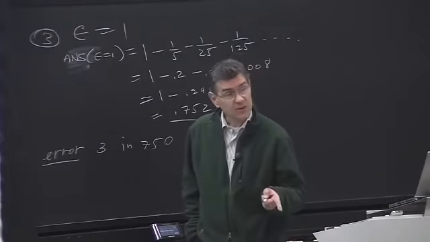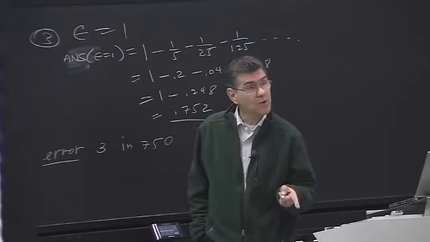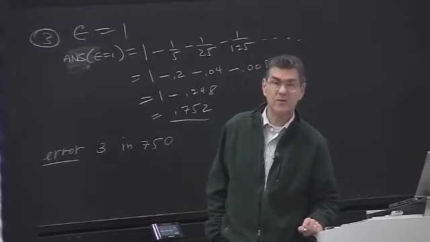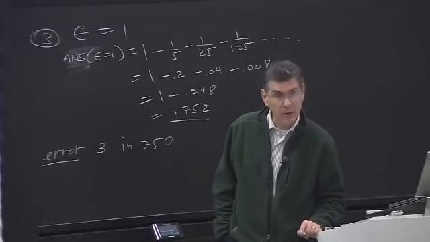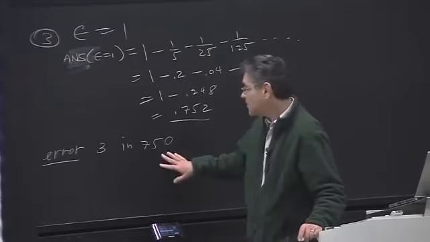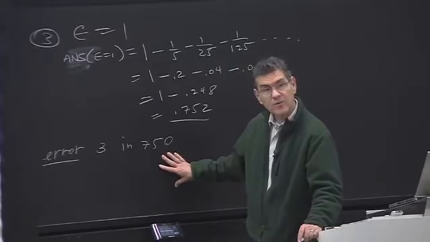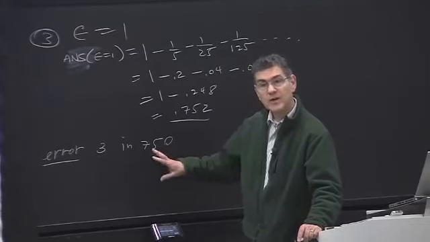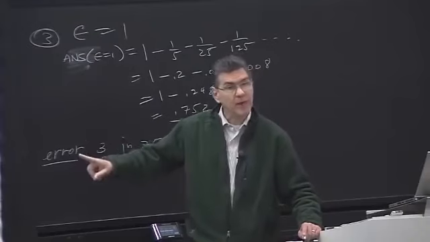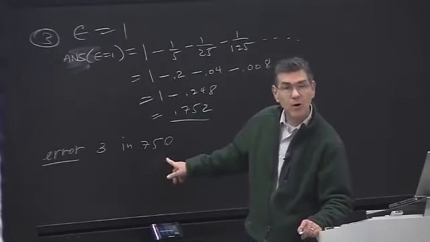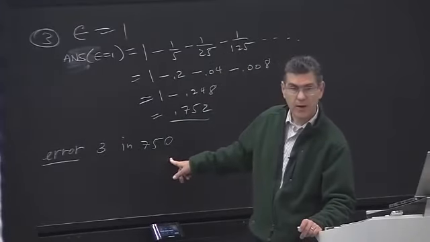We didn't get the exact answer, and we know that we can't get the exact answer. But we did get a very accurate answer, and if we do more work, we get paid for it. The answer gets more and more accurate.